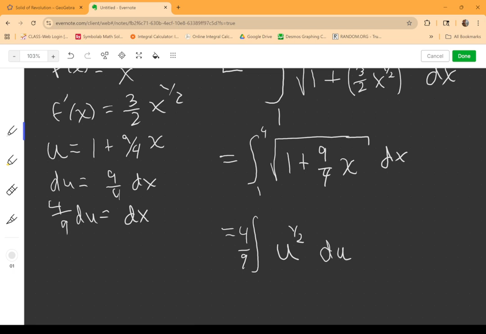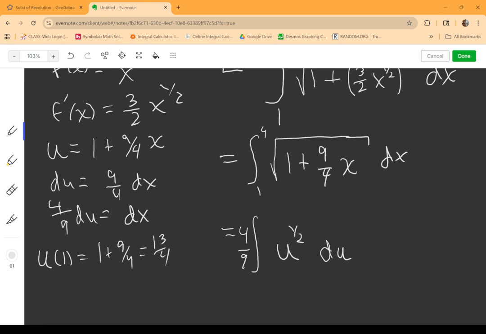Now the only thing missing are the limits of integration. We do not use 1 and 4, because those correspond to my x variable. I am no longer in x; I am in my u variable. So I need to take the lower bound and plug it into my u function. u of 1 will be 1 plus 9/4, which is equal to 13/4.